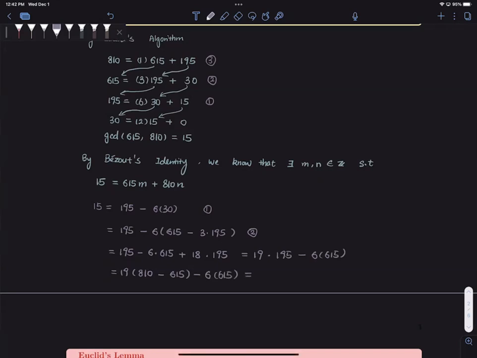So eventually you get 19 times 810 minus 19 times 615 minus 6 times 615 equals to 19 times 810 minus 25 times 615.